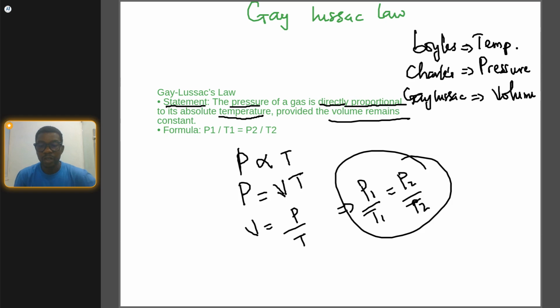So take note of this summary. In Boyle's law, the temperature remains constant; in Charles' law, the pressure remains constant; and in Gay-Lussac's law, the volume remains constant. This summary will really help you.